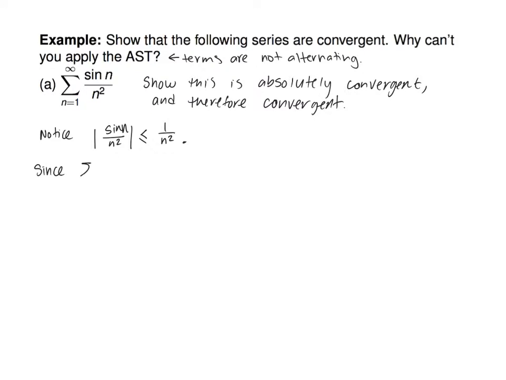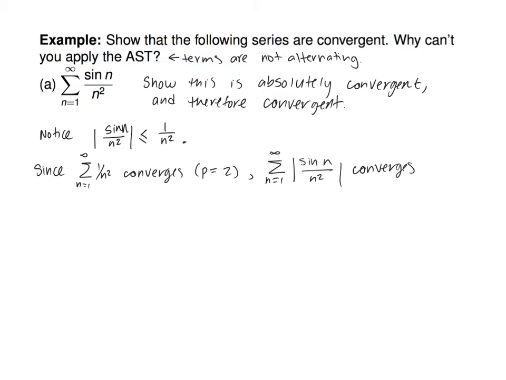So since the sum of 1 over n squared converges, say p equal to 2, the sum from n equals 1 to infinity of the absolute value converges by, we'll say DCT for the direct comparison test.